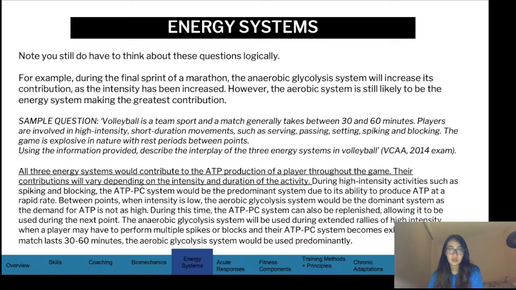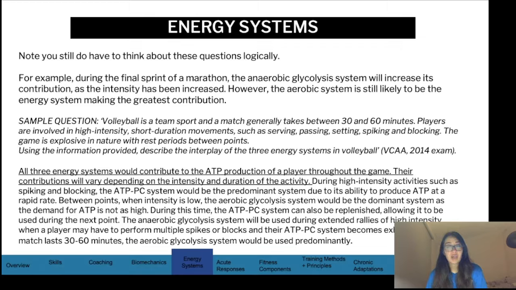Discuss the energy system interplay. So you'd always start off with: all three energy systems contribute to the ATP production of the player throughout the game, and their contributions will vary depending on intensity and duration of the activity. So something like that. All the energy systems contribute to ATP production throughout the game, with varying intensities and durations.